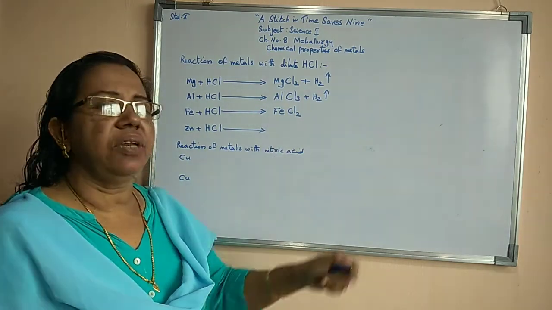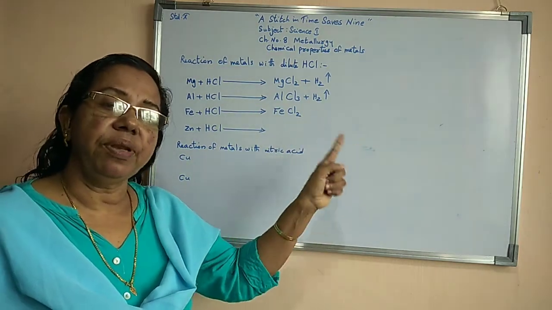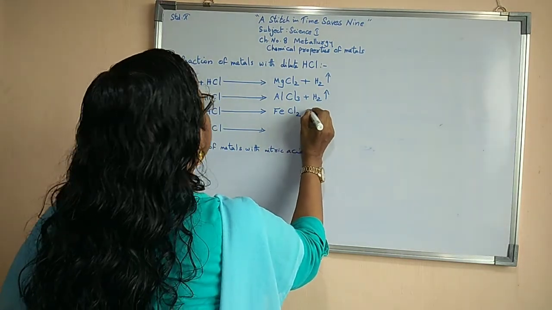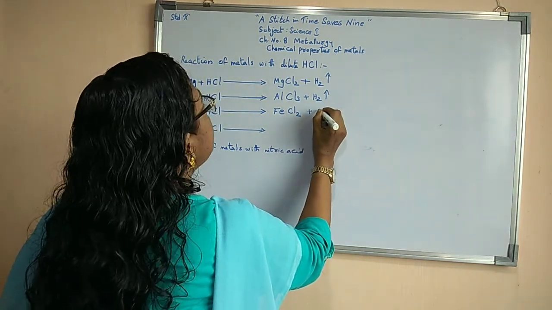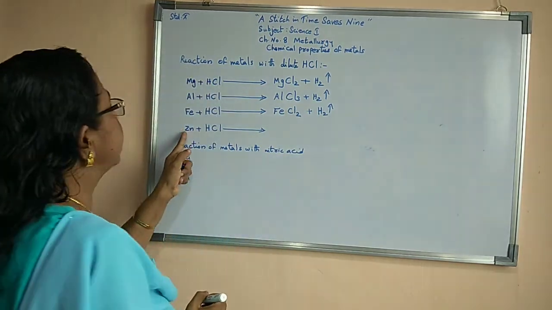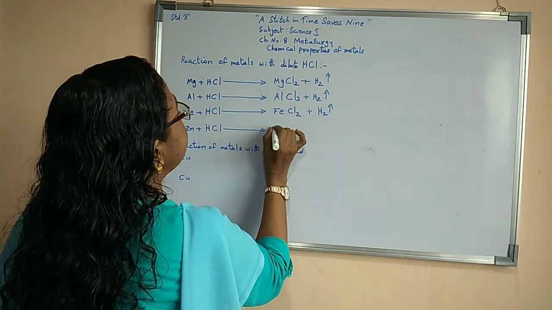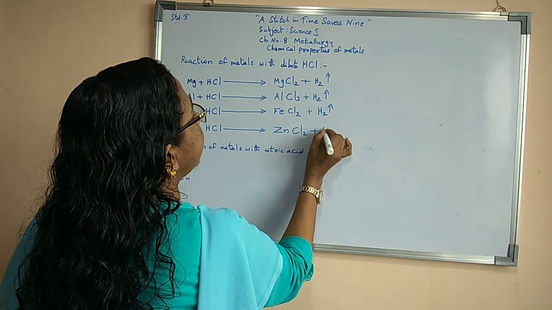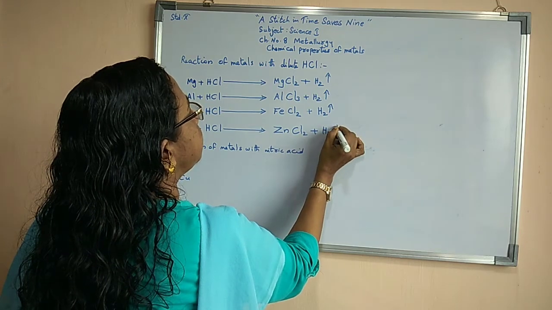Fe3 is ferric, Fe2 is ferrous. So here ferrous chloride, along with that hydrogen gas. Next one, zinc reacts with the hydrochloric acid, zinc chloride ZnCl2. Along with that hydrogen gas will form.